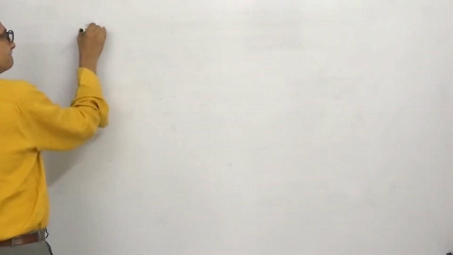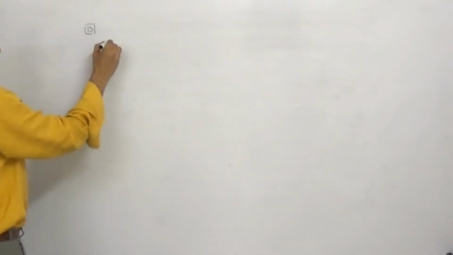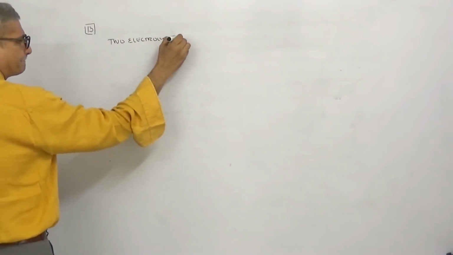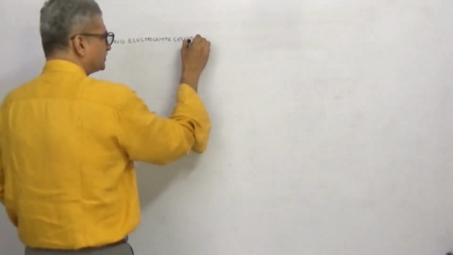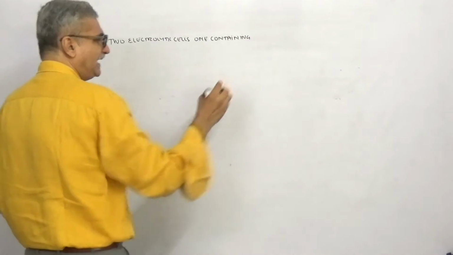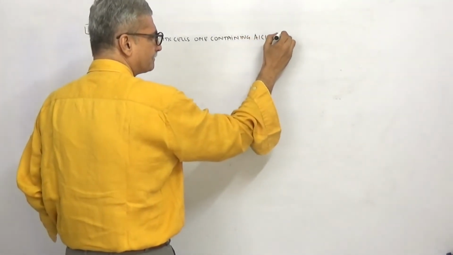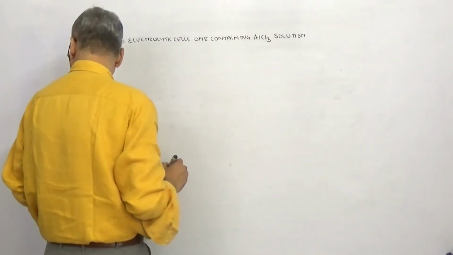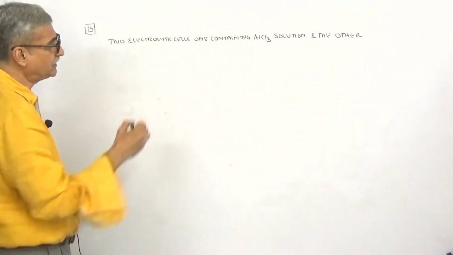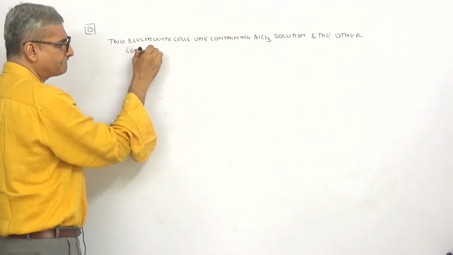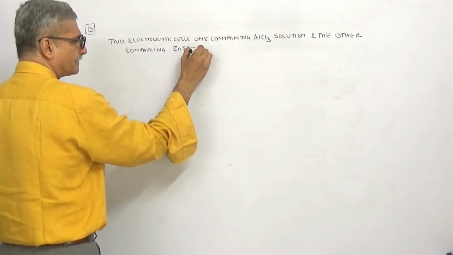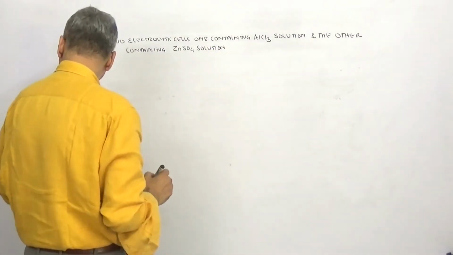13th sum. Two electrolytic cells, one containing aluminium chloride solution and the other containing zinc sulphate solution, are connected in series.